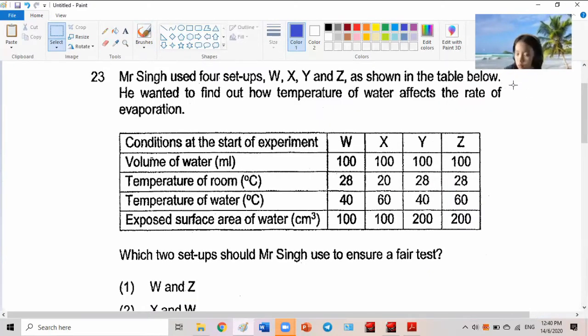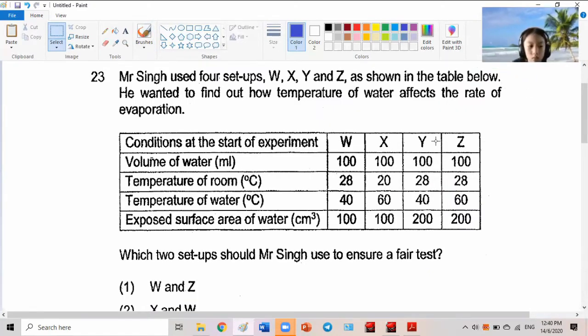Mr. Singh used a force setup WXYZ in the table as shown below. He wanted to find out how the temperature of water affects the rate of evaporation. Temperature of water affecting the rate of evaporation.